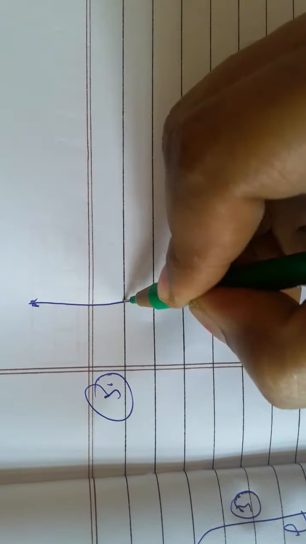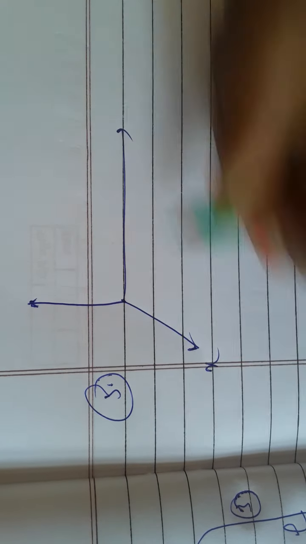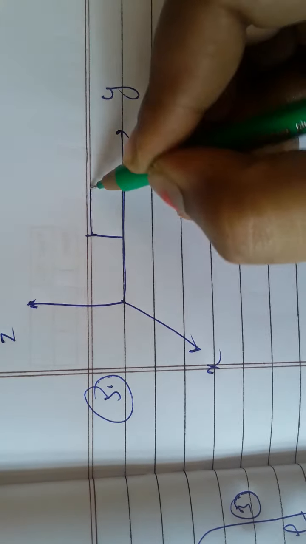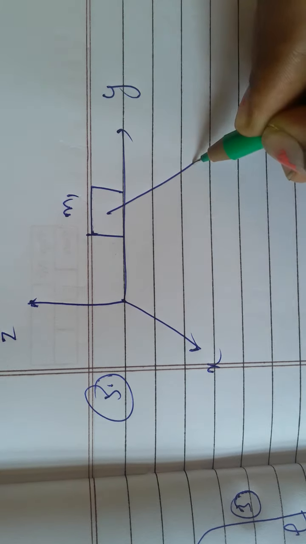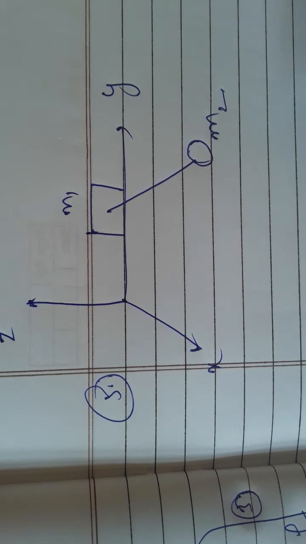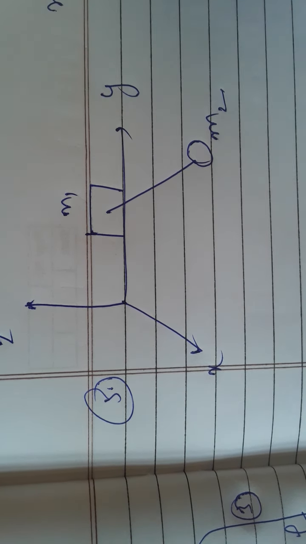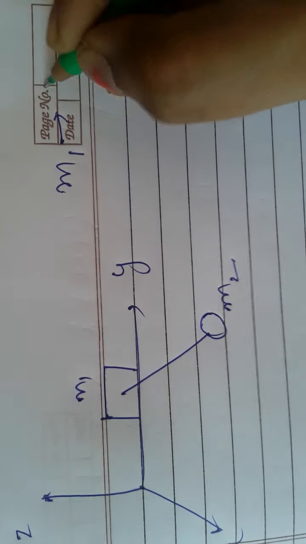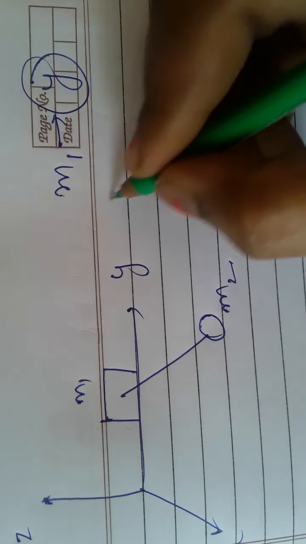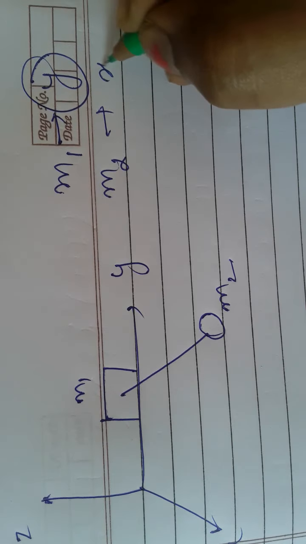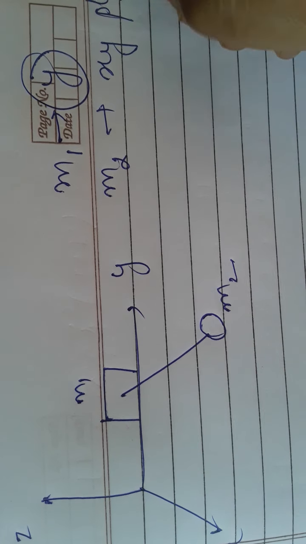One last example for this you can also see. Here is one mass m1 and one bob m2 connected. m1 can move only in the y direction. m2 can move only in the xy plane.